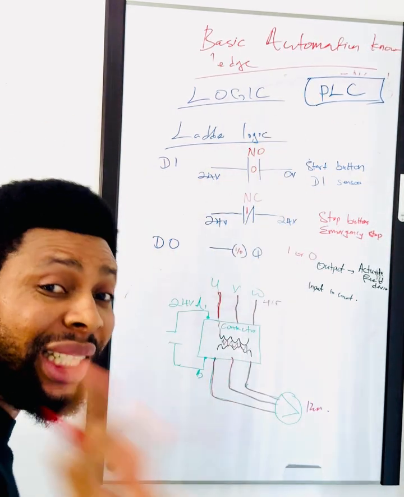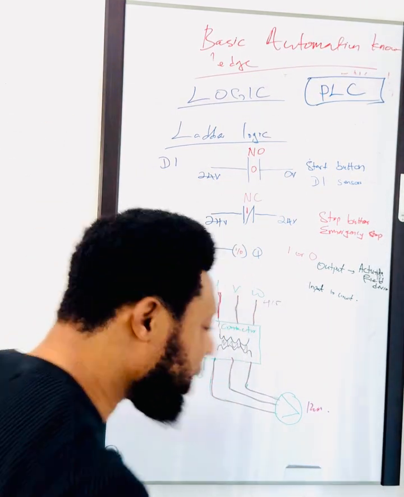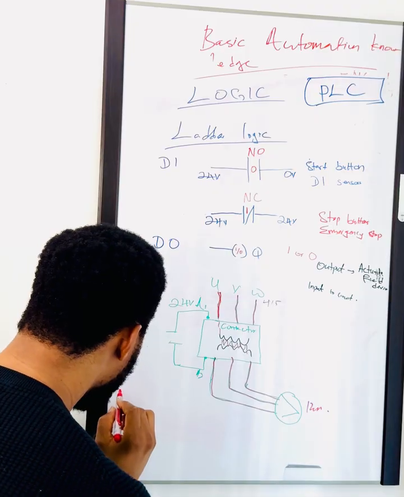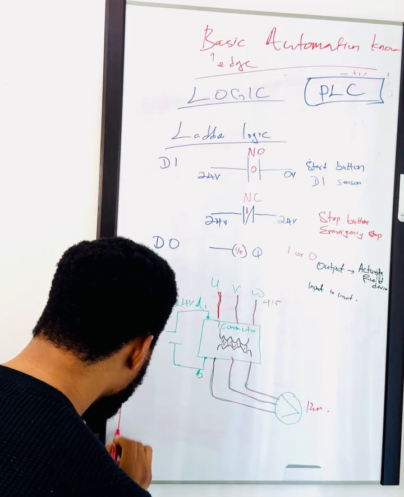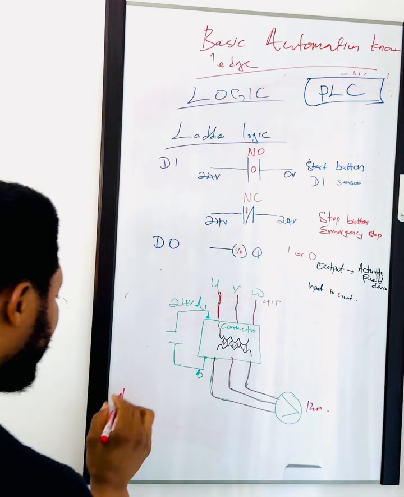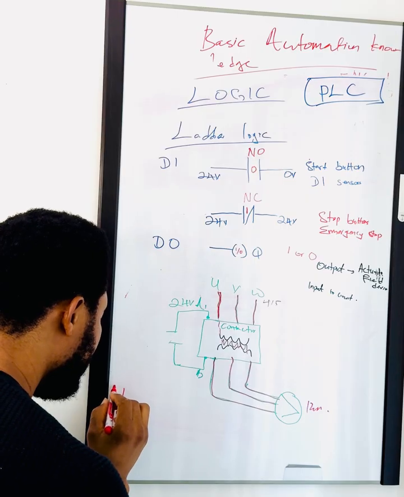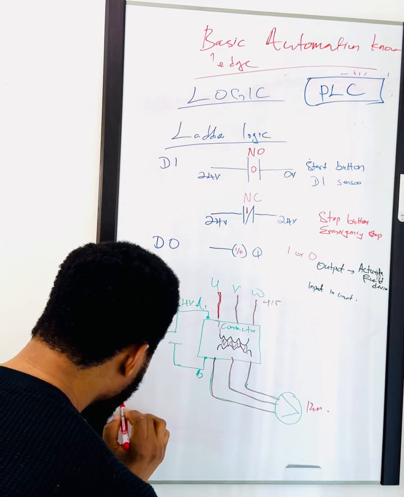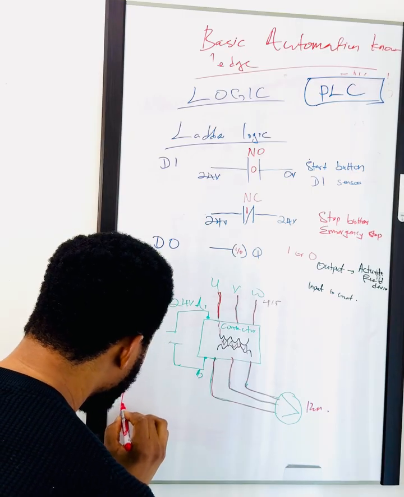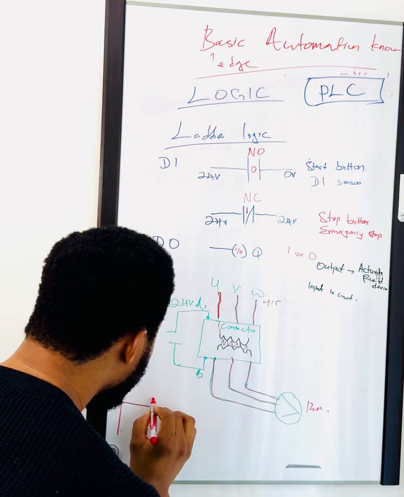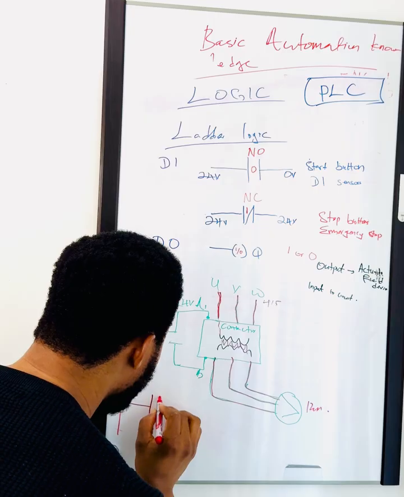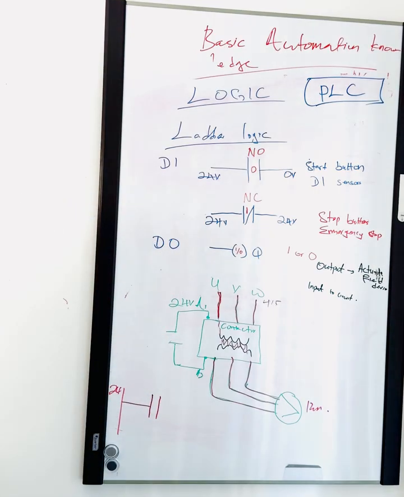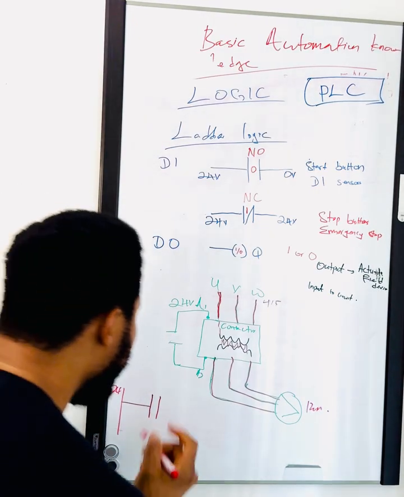Now, in the logic, in the PLC, this is what's going to happen. So this is like you have your 24 cable, right? Now your 24 is going. This is the start button. I'm going to call it SB.